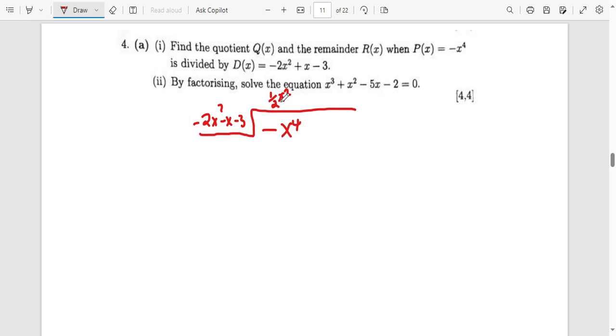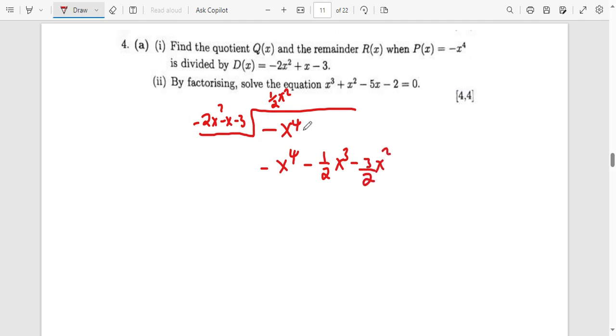So 1 over 2x squared multiplied by negative 2x squared will give us still negative x to the power 4. 1 over 2x squared multiplied by negative x will be negative 1 over 2 x to the power 3. 1 over 2x squared multiplied by negative 3 will be negative 3 over 2 x squared.